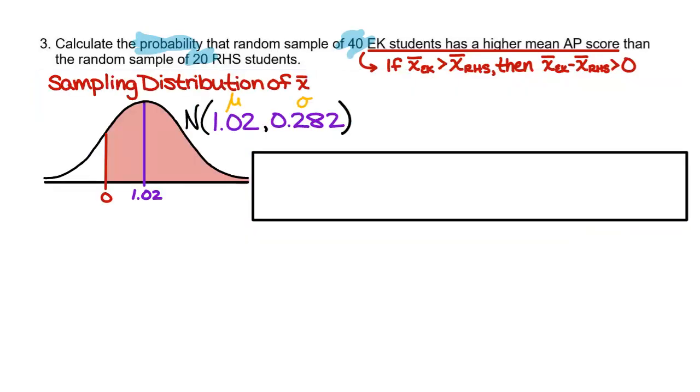It should look kind of like this. 1.02 right down the middle, because that's our mean. 0 is to the left of that because it's smaller than 1.02, but then we said we're shading to the right because we have a greater than. Standard deviation of 0.282.